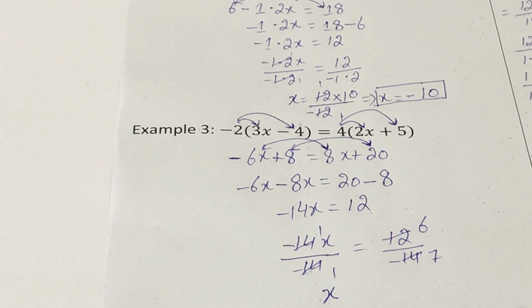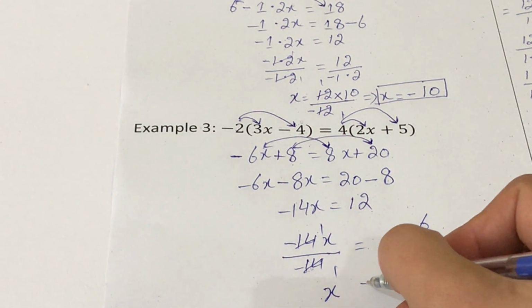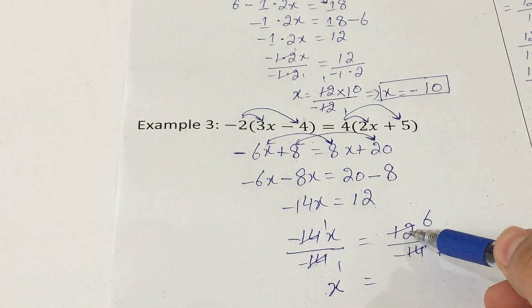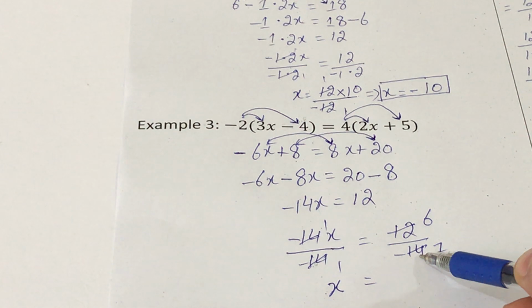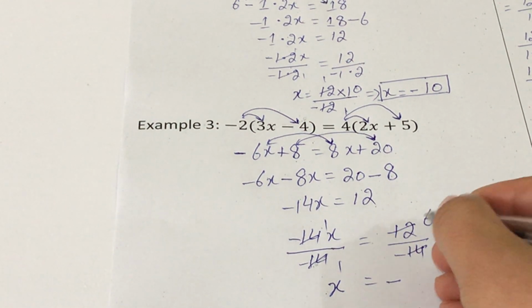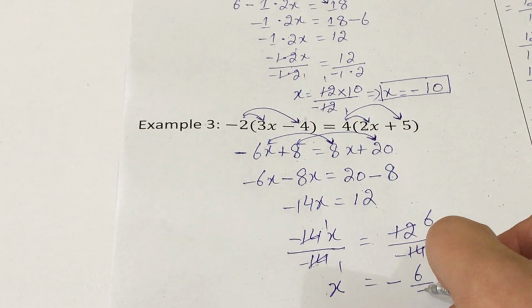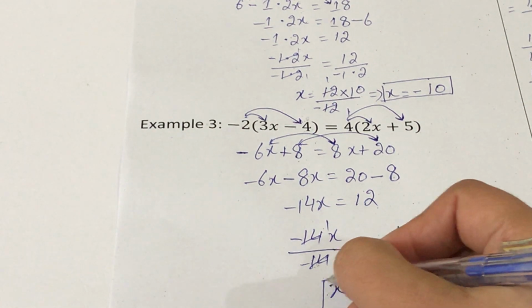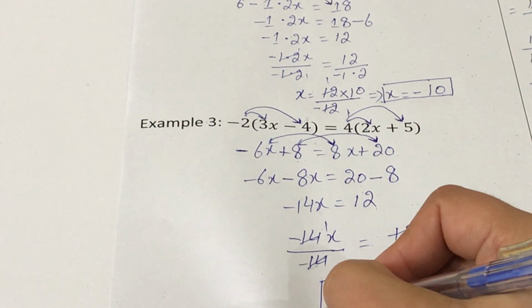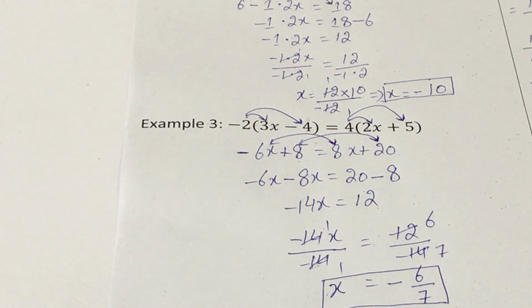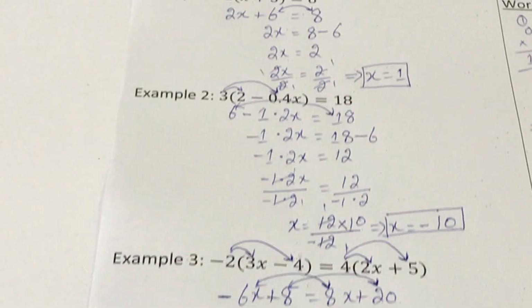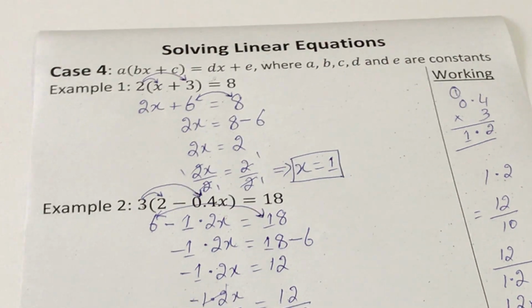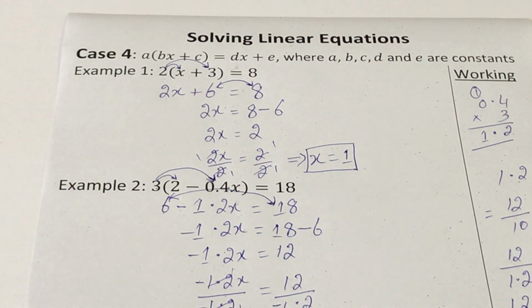We will do the simplification like this, is equal to, now positive number divided by negative number, the result would be -6/7. So the value of x in this example is -6/7.